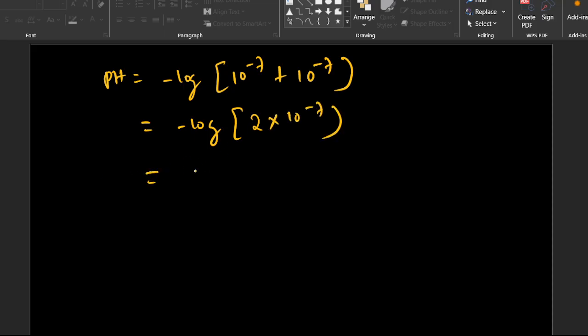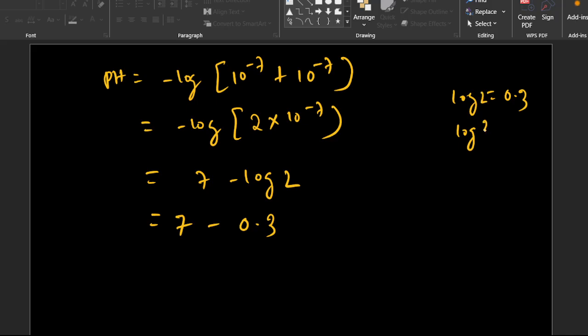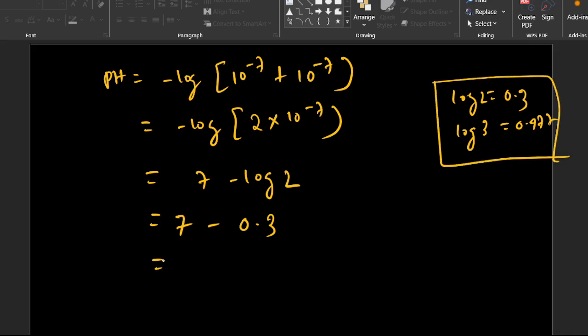So that will be 7 minus log 2. Log 2 value is 0.3. Log 3 is 0.477, so you have to remember these values. So pH will be 6.7.